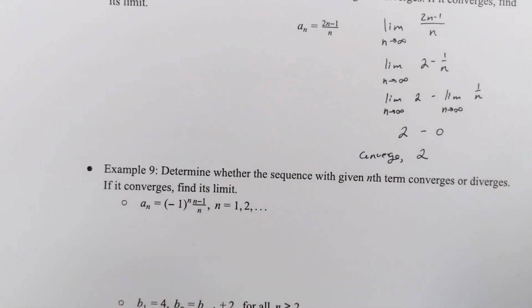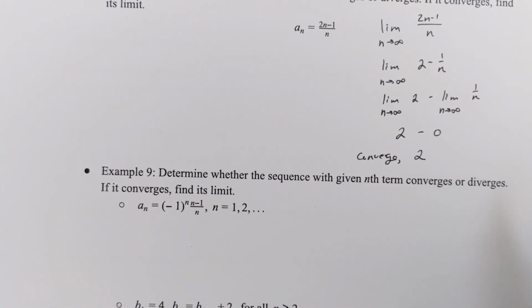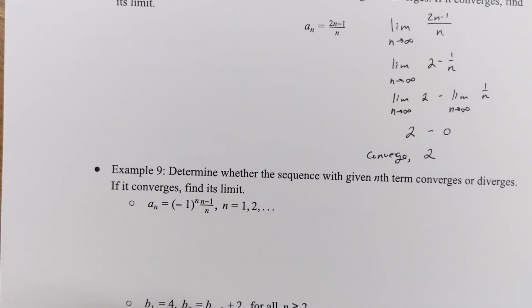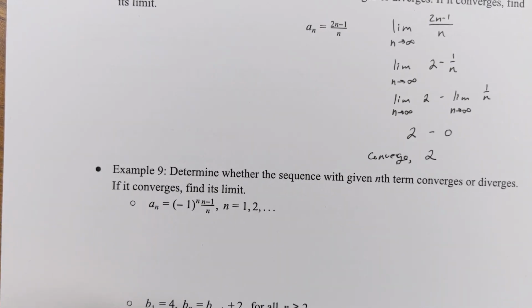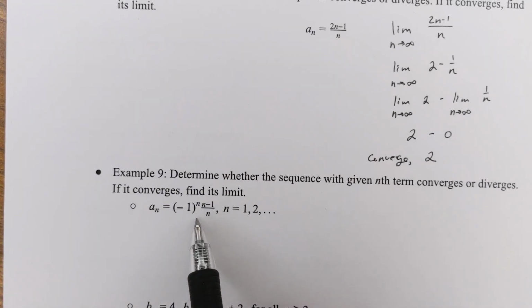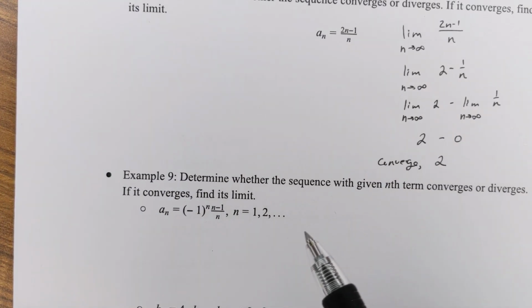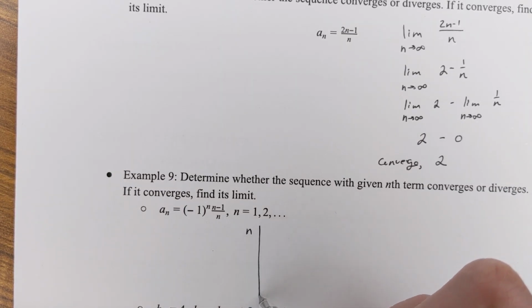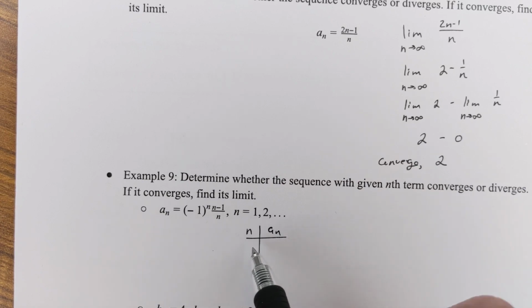All right, 9. Determine whether the sequence with given nth term converges or diverges. If it converges, find its limit. So let's see here. This is actually the same one we did in example 6. And if you remember the pattern, we went, what was it? n, a_n. So 1, 2, 3, 4, 5.